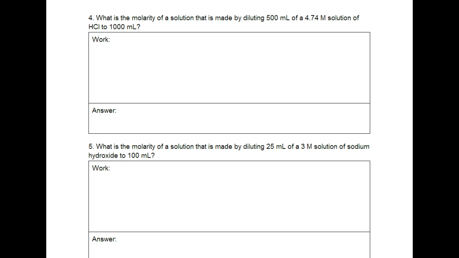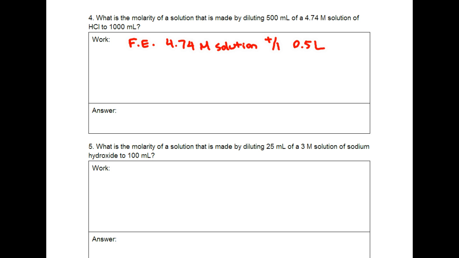So the for every statement for this would be for every 4.74 molar solution, there is 0.5 liters. Now you should convert it to liters because that is the unit that we should be using for any molarity problem.